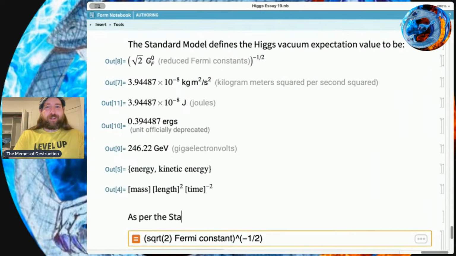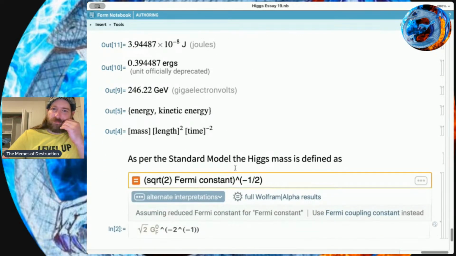Per the standard model, the Higgs mass is defined. Do this. Why is there no? Oh, it's in the other article.